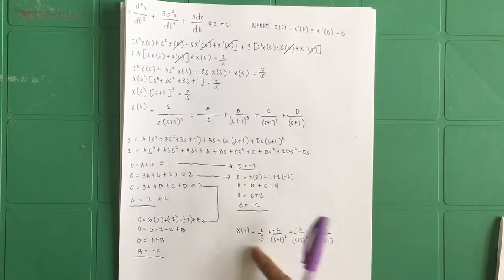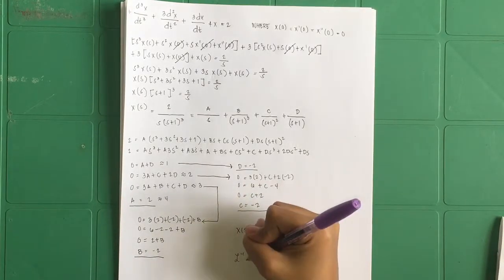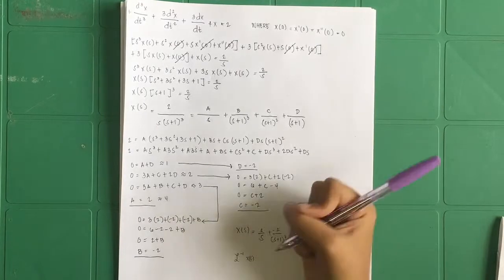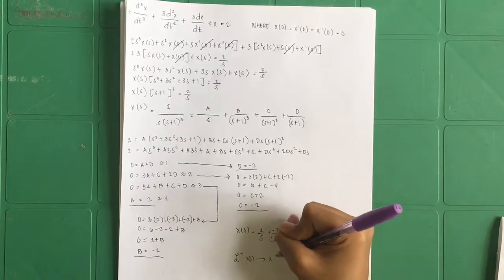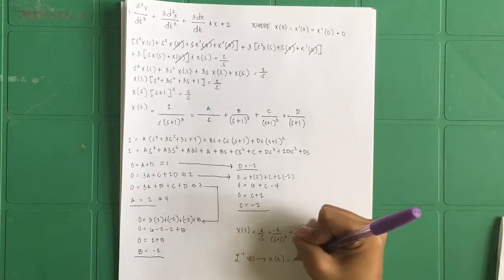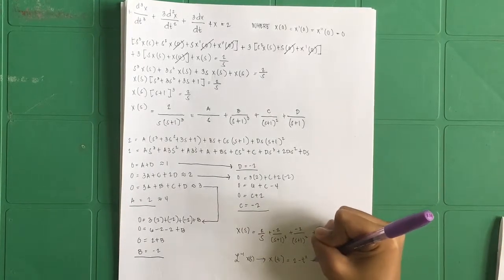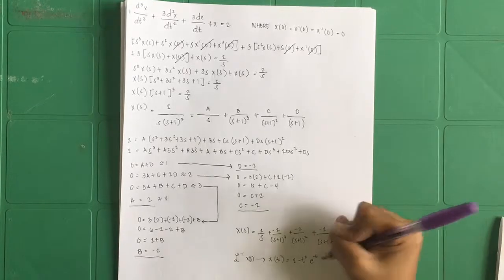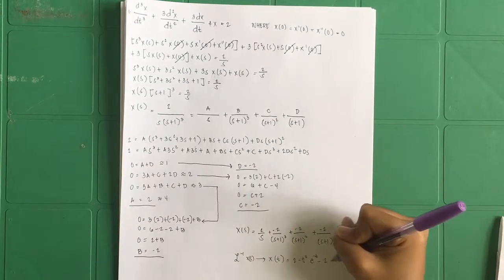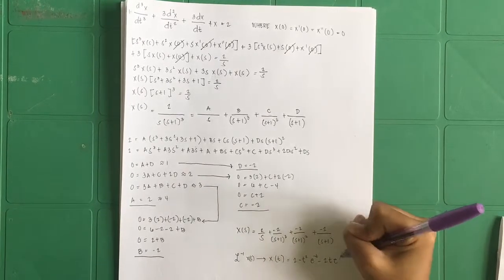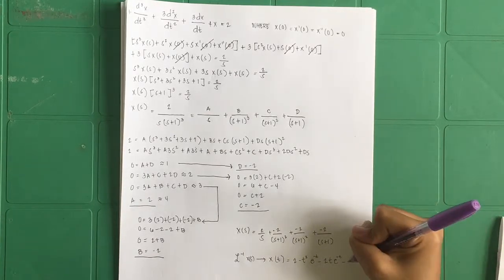Then it can be the answer, but I can simplify it by the inverse Laplace transform. x of t equals 2 minus t squared e raised to negative t minus 2t e raised to negative t minus 2 e raised to negative t.